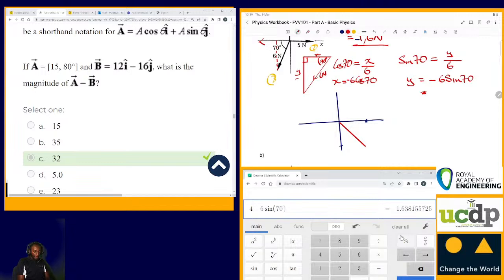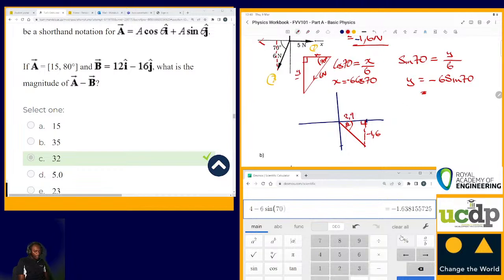We can choose to close our triangle there, and we have our angle. We now know that our y is negative 1.6 and our x is 2.9.